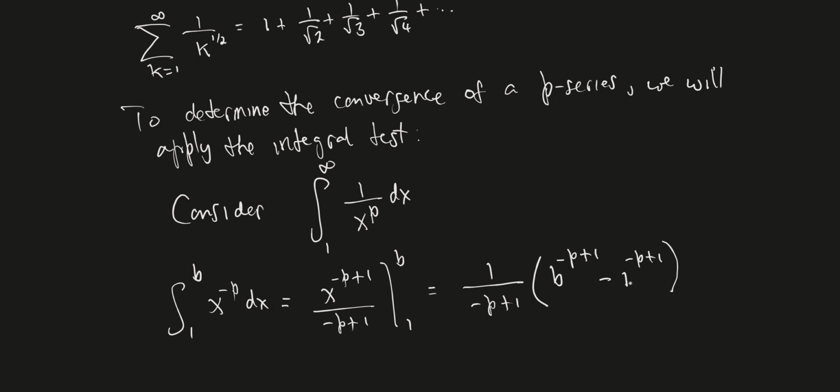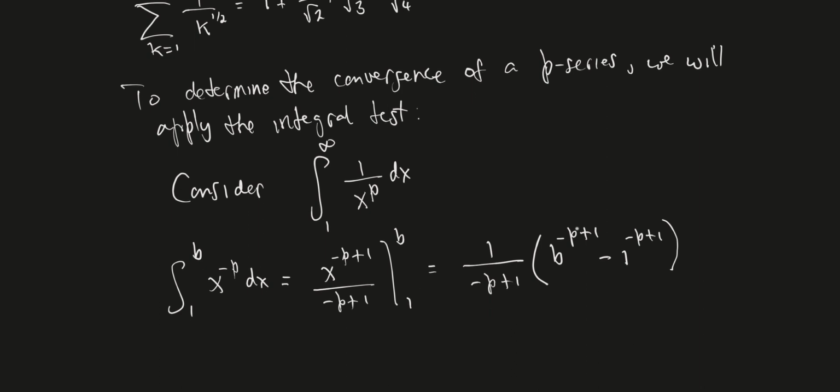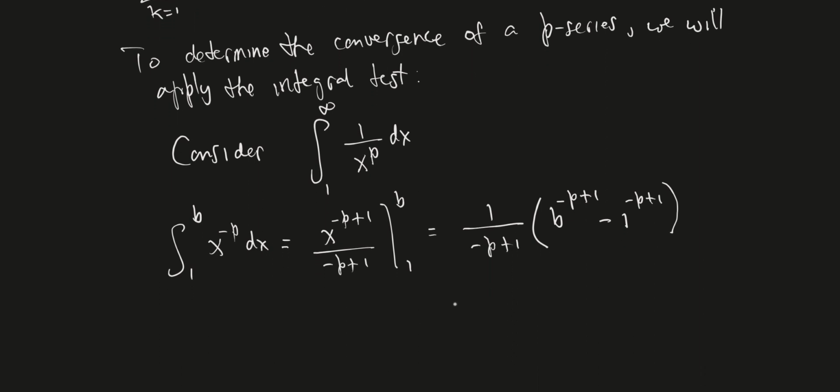Well, 1 to any finite number, and p is a real number, so negative p plus 1 is a real number, 1 raised to any real number is 1. So I can simplify that a little bit, and I'll have 1 over negative p plus 1 times the quantity b to the negative p plus 1 minus 1.